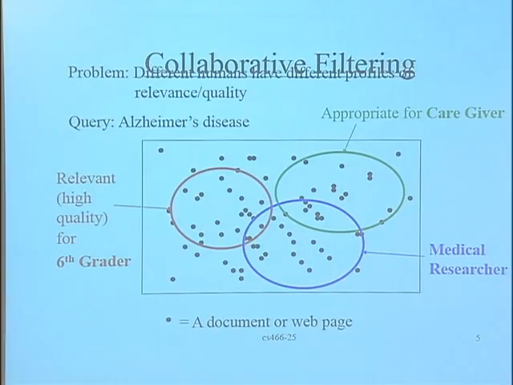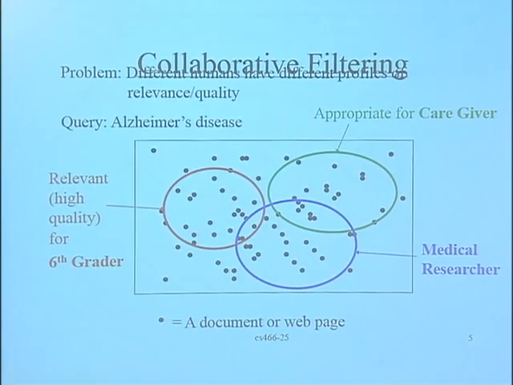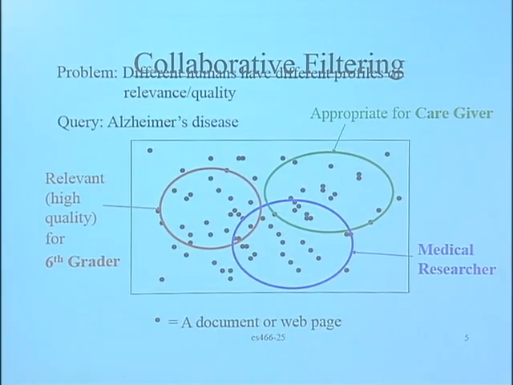Now, let's say we also want to assess the fact that, independent of quality and independent of relevance, there are different information needs that apply for different classes of individuals given the same query. So if someone has a query on Alzheimer's disease, caregivers may be interested in this space of documents, medical researchers may be interested in this set, and a sixth grader interested in what's happening to grandma might be interested in this set.